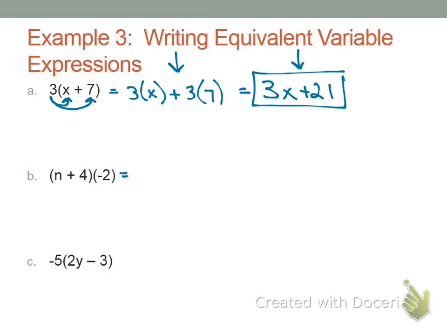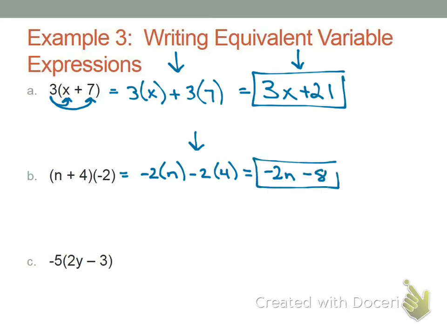Did you write your equivalent expression on your paper? Negative 2 times n minus 2 times 4. This is your equivalent expression that they want you to write. Now, here is your answer. Negative 2n minus 8.